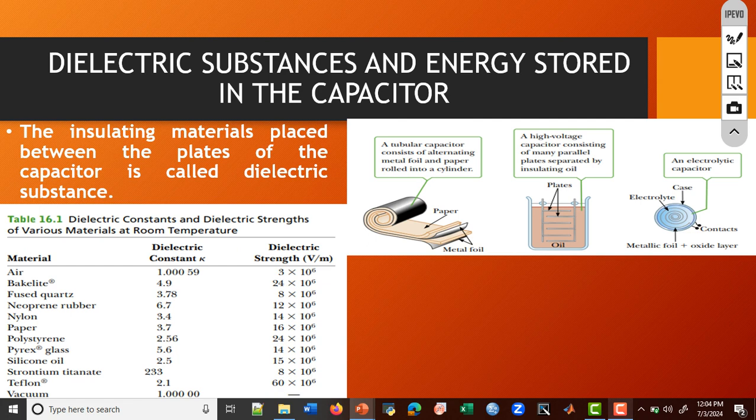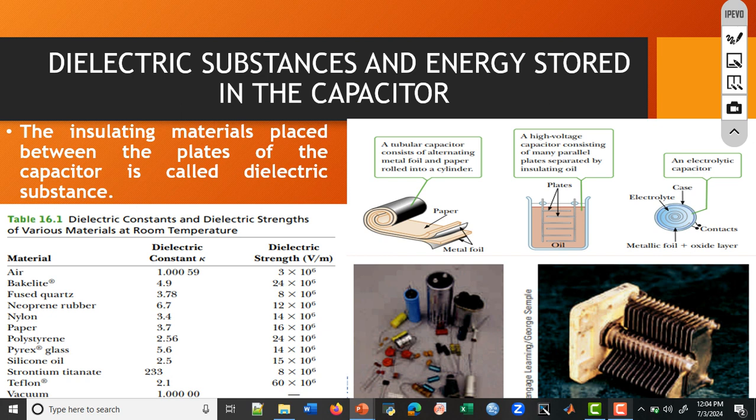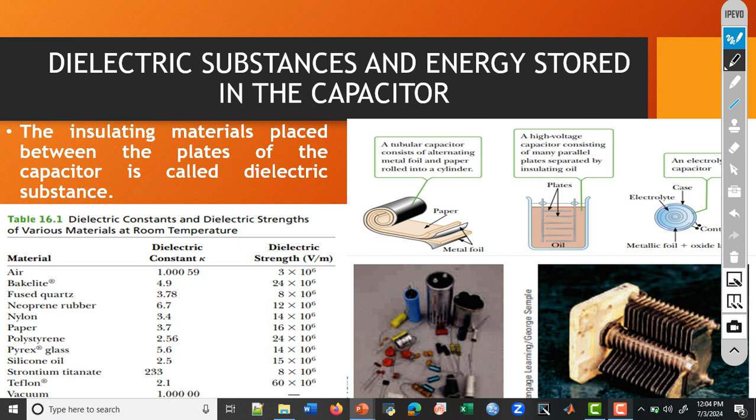Here we have a high voltage capacitor consisting of many parallel plates separated by insulating oil. On my right here we have an electrolytic capacitor. So that's just a figure to show you different types of capacitors. You see this other one, mostly we see this in electronic devices. Those are capacitors.